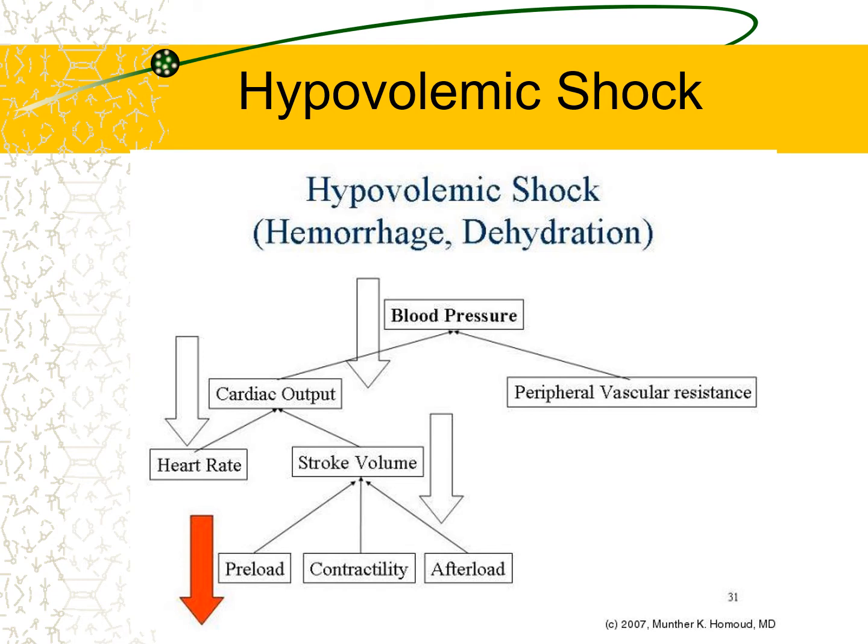Remember that stroke volume is influenced by preload, contractility, and afterload. When you have a decreased stroke volume, you have a decrease in preload. So this is how hemorrhage affects blood pressures. Okay, it decreases the preload, it decreases the cardiac output, and it decreases blood pressures.